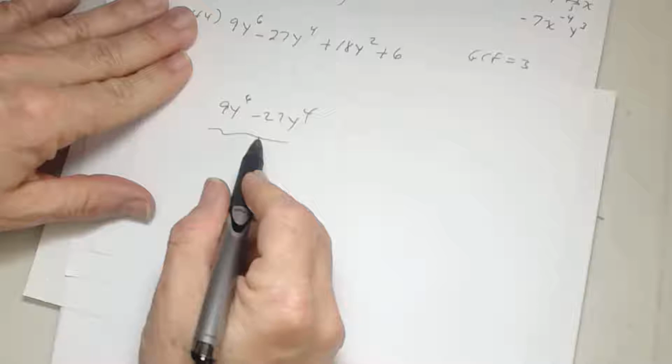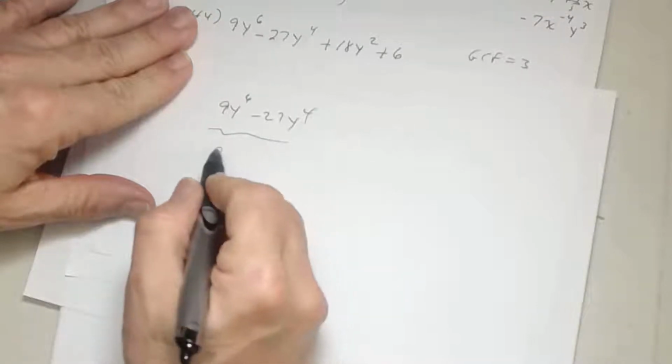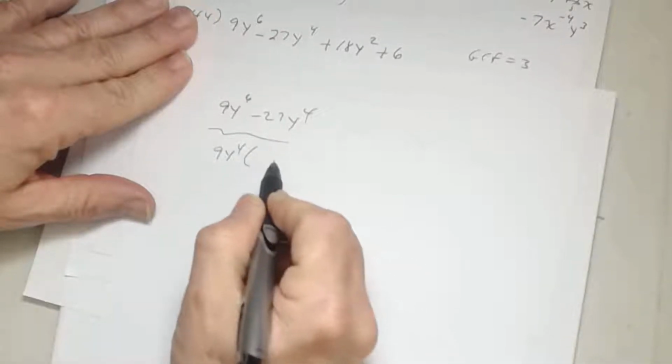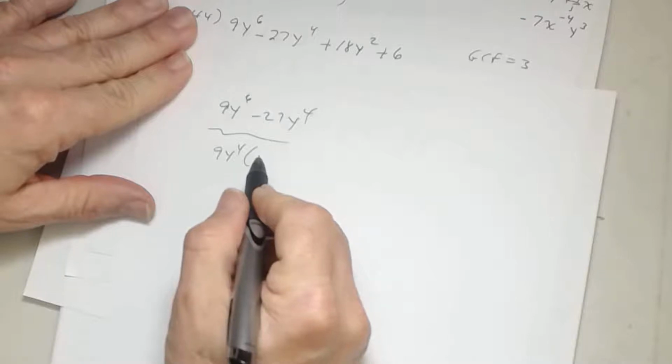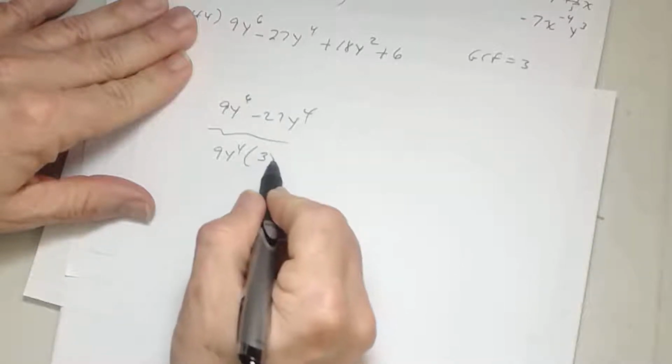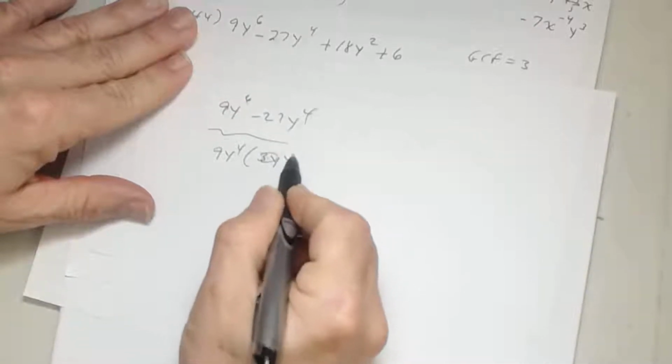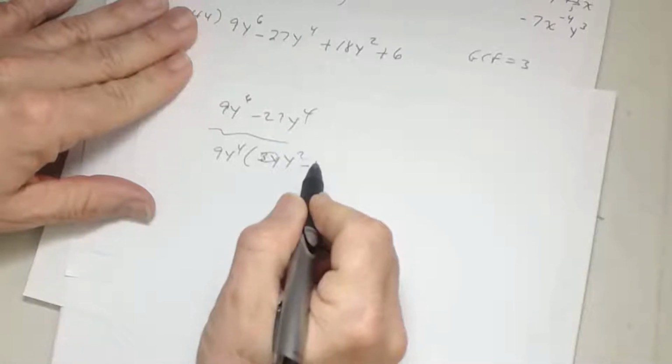Nope. 9y to the 4th. 9y to the 4th times what? y to the 2nd minus 3. Okay?